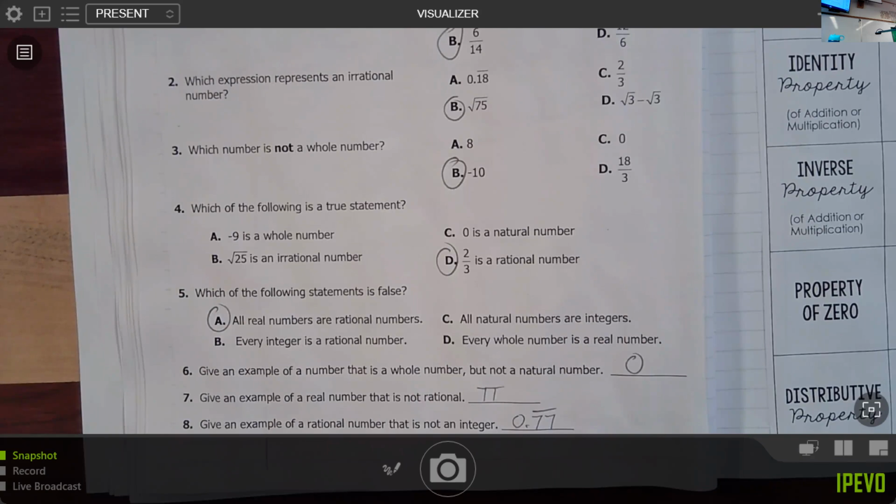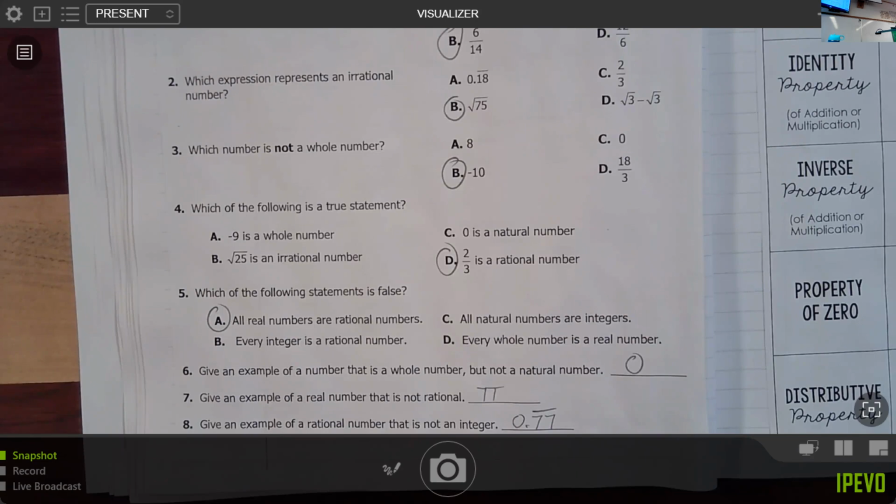Okay, but if it's also just a positive whole number, that means it's natural. So anytime you go here, that means it's N and W and Z and Q, because natural numbers are inside the whole numbers, which are inside the integers.